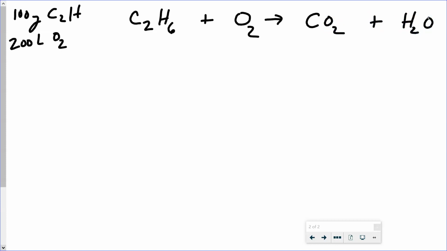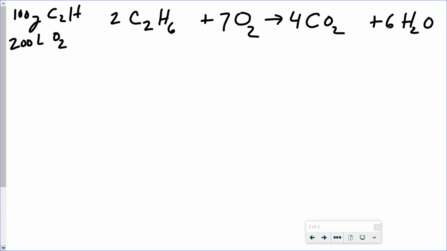Now take a second, pause the video, and balance the reaction on your own paper. For your coefficients, you should come up with 2, 7, 4, and 6.